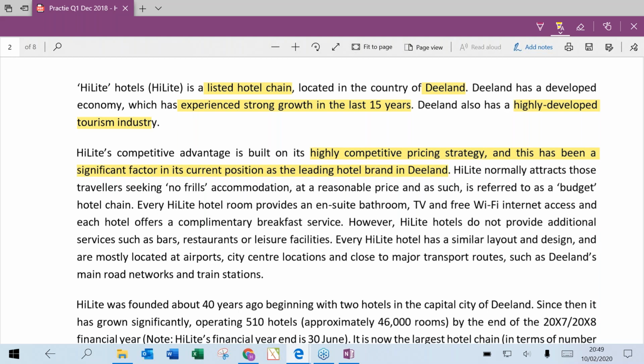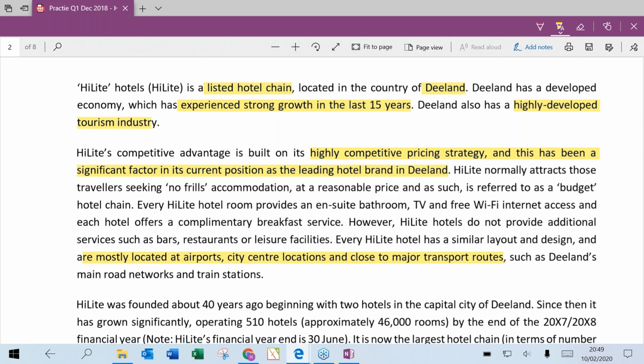Every Highlight hotel has a similar layout and design and is mostly located at airports, city center locations, and close to major transport routes such as D-Land's main road networks and train stations. So I think location. I'm just trying to identify some stuff. I don't know whether I can use it or not, but I just identified it.